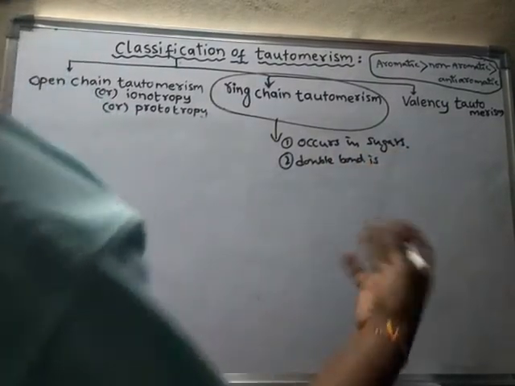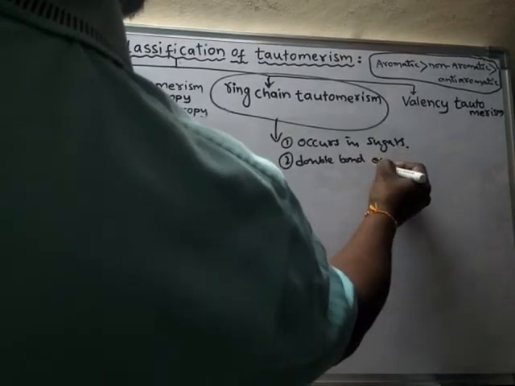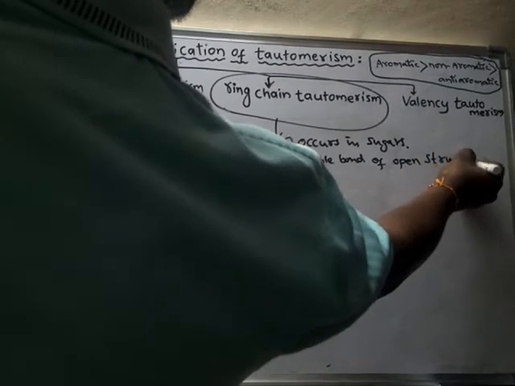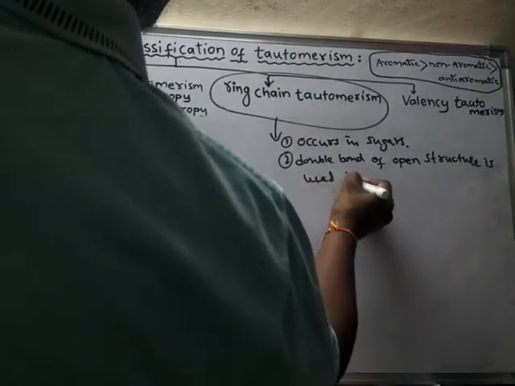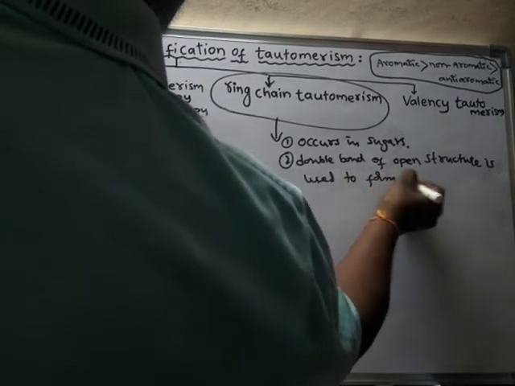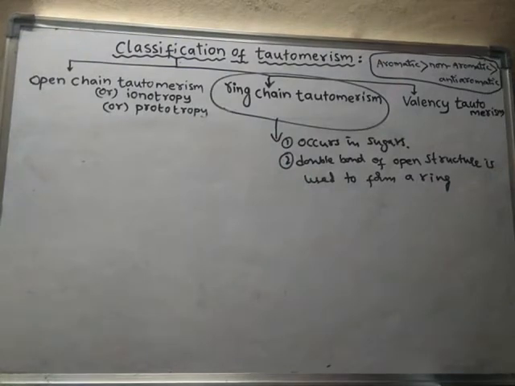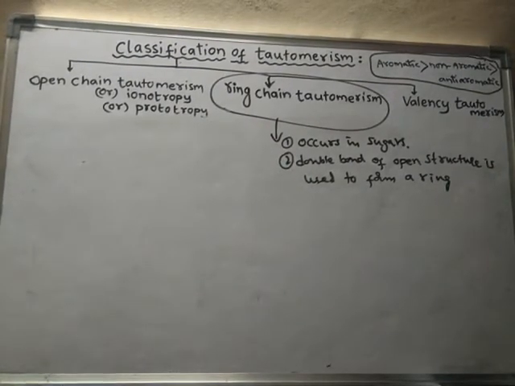is the double bond of the open structure. The double bond of the open structure is used to form a ring, in the formation of the ring. And shifting of hydrogen takes place.